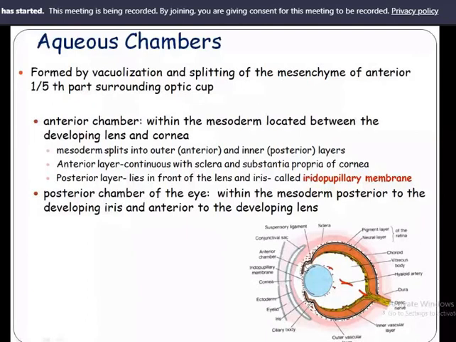Next is the posterior chamber. The posterior chamber is formed by the splitting of the mesoderm present between the iris and the lens.